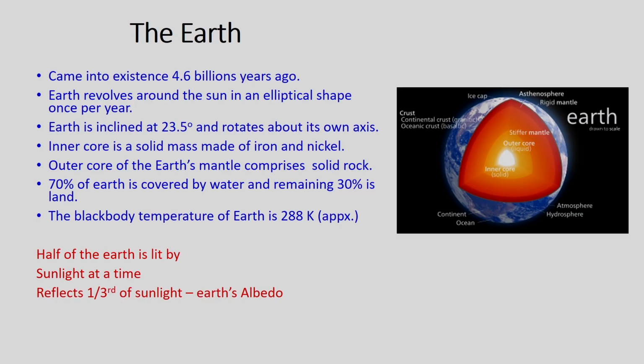The inner core is a solid mass made of iron and nickel, and the mantle comprises solid rock. Also, 70% of the Earth is covered by water and the remaining 30% is land. The black body temperature of the Earth is about 288 Kelvin. We will learn why it is called a black body and what the spectrum is at this temperature.